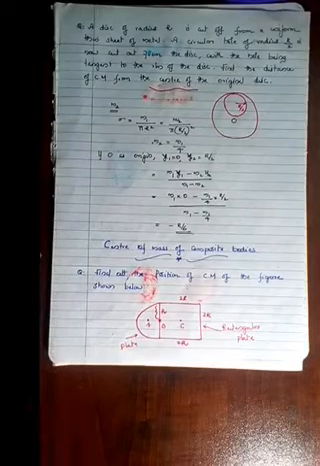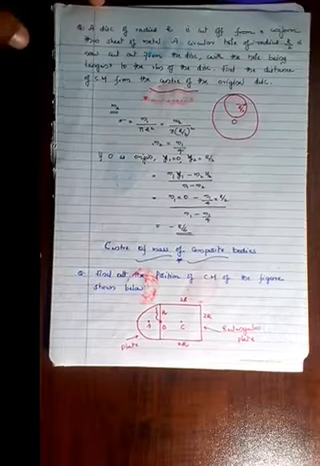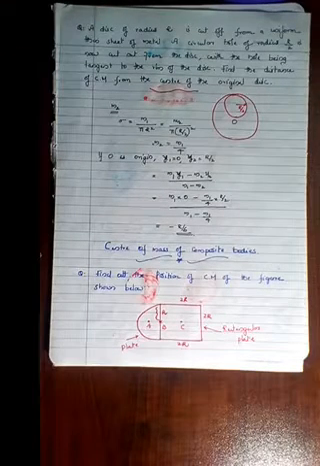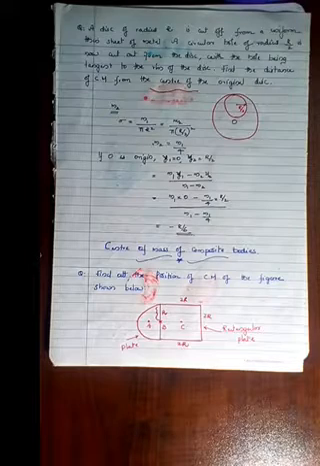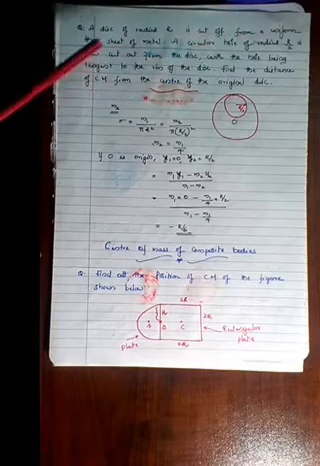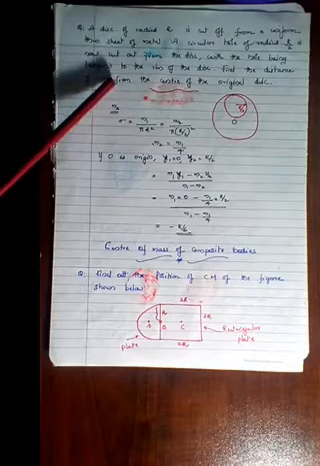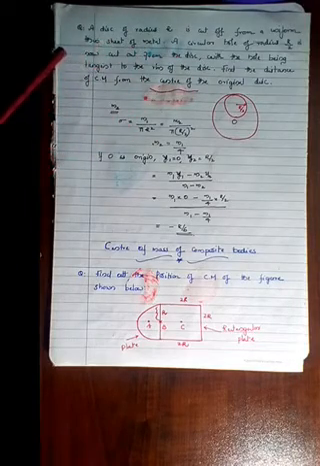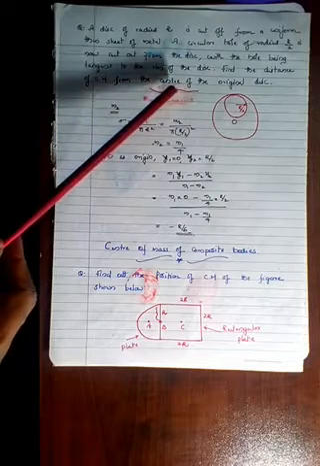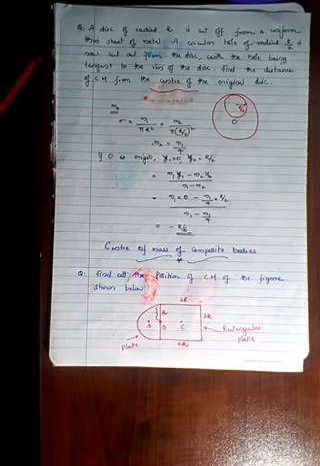We can go with one good question. A disk of radius r is cut off from a uniform thin sheet of metal. A circular hole of radius r by 2 is now cut out from the disk, with the hole being tangent to the rim of the disk. Find the distance of the center of mass from the center of the original disk.